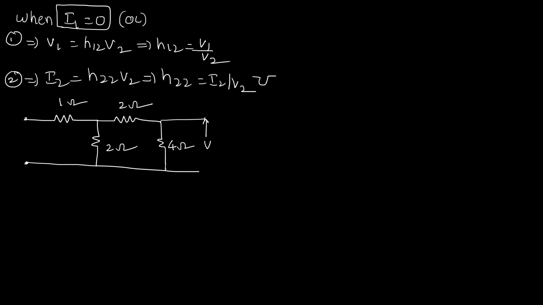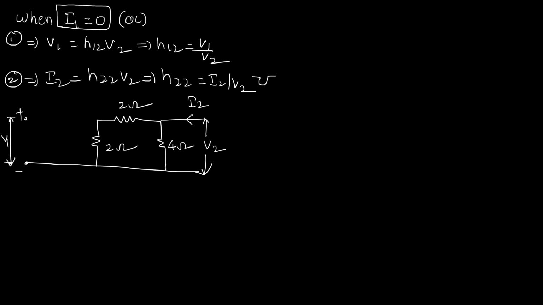So we should not disturb V2 and the corresponding current I2, that means second port variables. Now here V1 will be considered as our measured voltage. Now is there any current passing through this 1 ohm resistor? No. So we can neglect this 1 ohm resistor. If we neglect it, it seems to be somewhat like this.